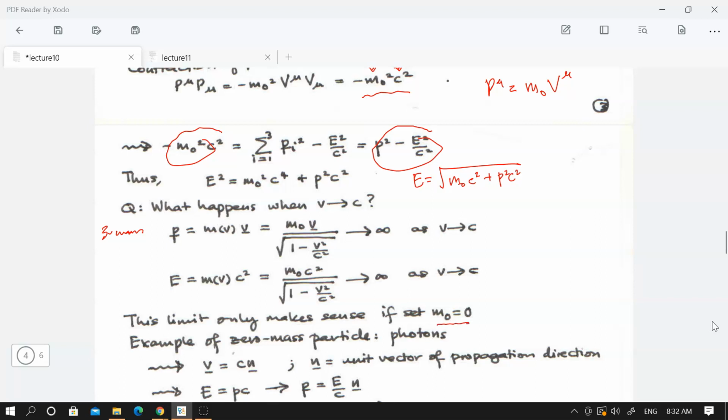If you set your rest mass equal to 0, then this part of the equation is going to be gone. So the limit makes sense only when your rest mass equals 0. That's the easier thing, because you have one going to infinity, one going to 0, and you have to see which one overcomes the other.